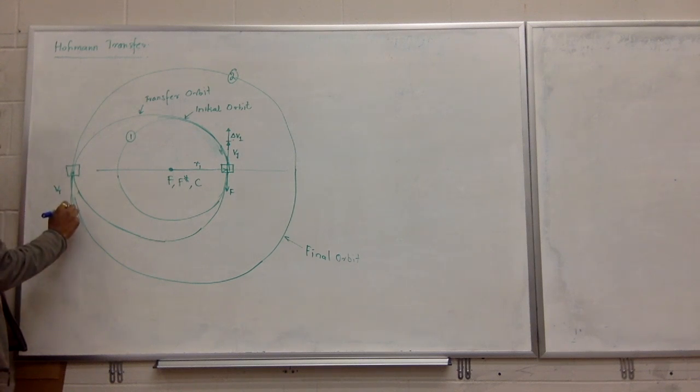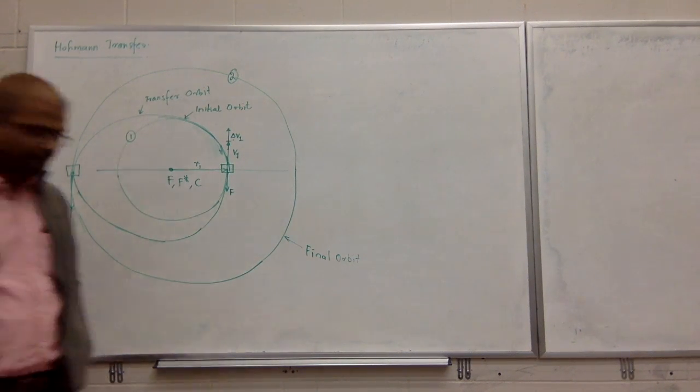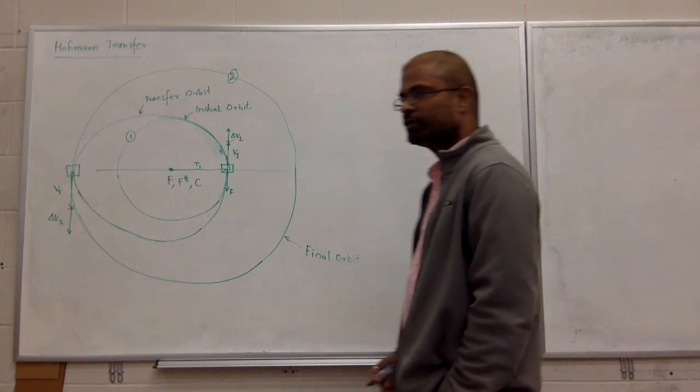If it increases the velocity by delta v2, it's going to go into this orbit. Does that make sense? Are you following?